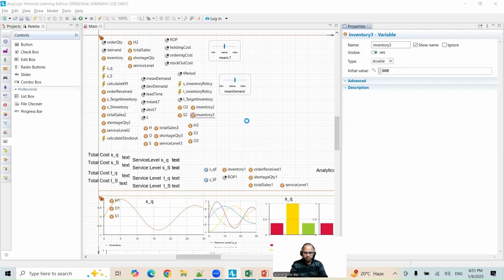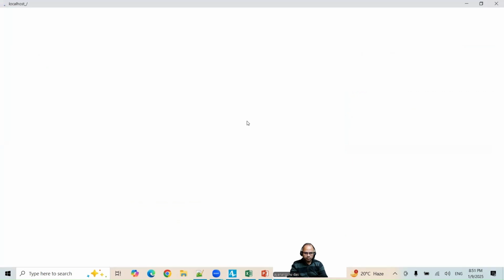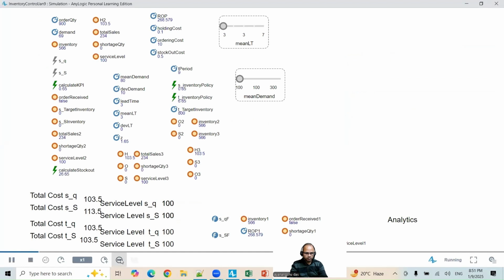Now when we run this, we see that the SS policy is best because it has the least cost with an acceptable service level. If we see the inventory of these different policies, we see that the holding inventory for the SQ policy is 172, for the S policy 2224, the TQ policy is 1072, whereas the TS policy is 573.